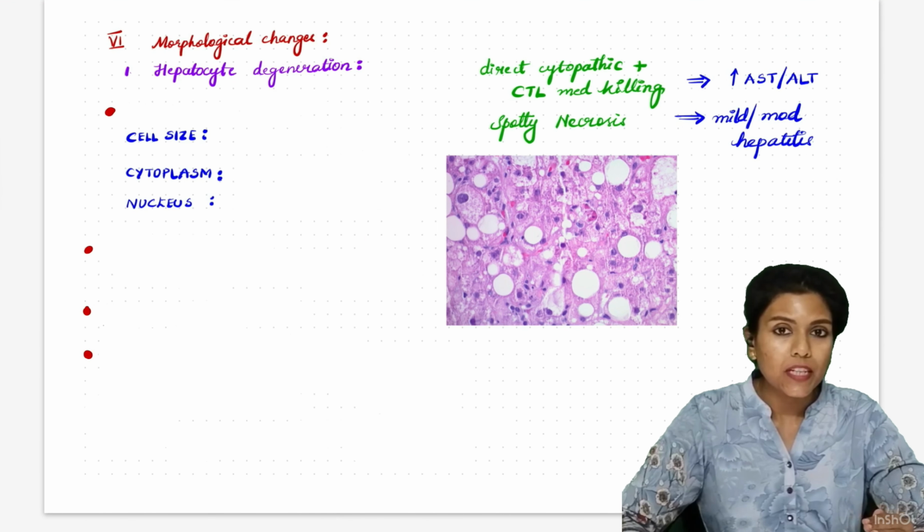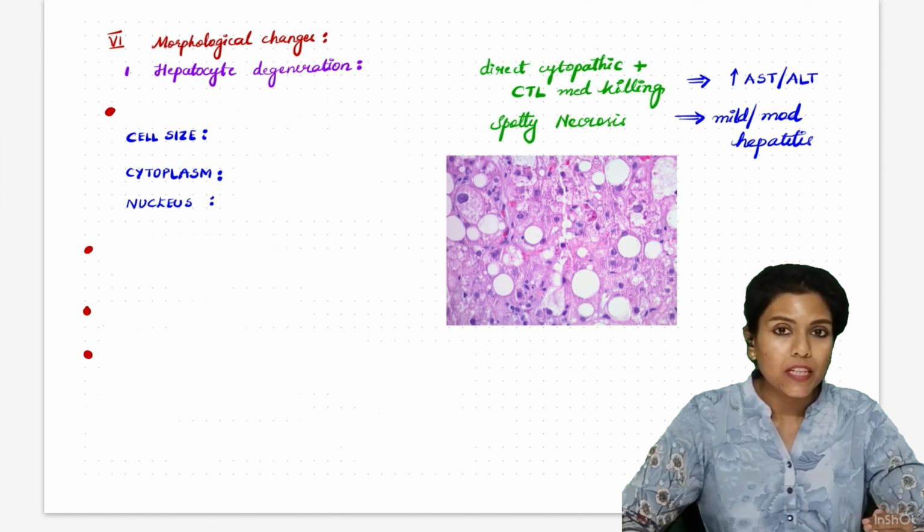This is the normal movement of ions across this ion transport channel. Because of this pump failure, sodium will stay inside, and along with sodium, water will also be retained. So sodium and water retention inside the cell will cause the cell to balloon up, to swell up.